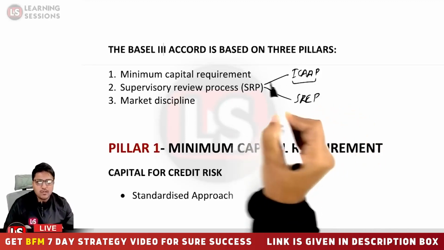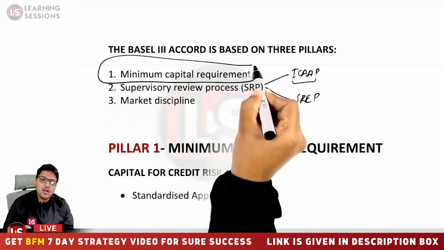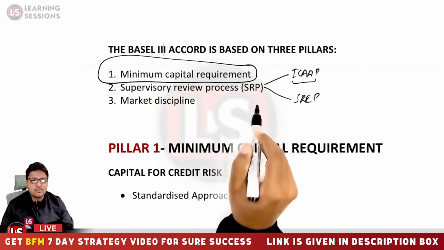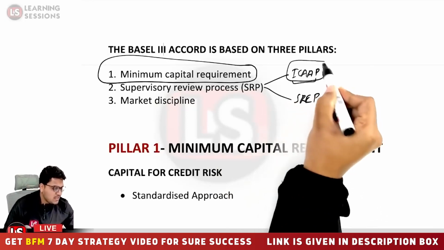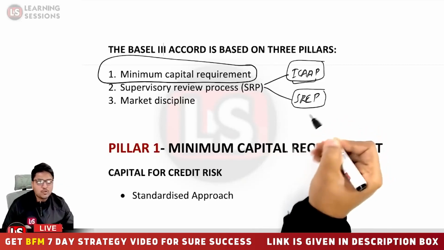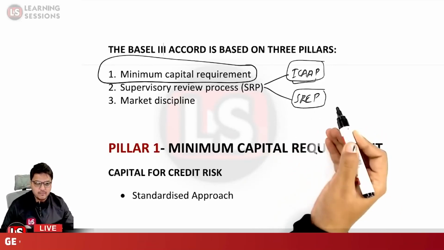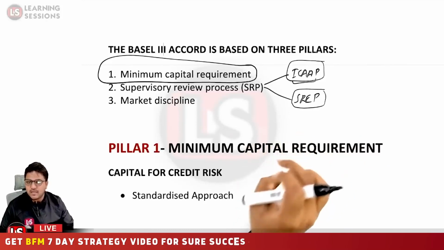ICAAP is related to whatever risks are not covered under pillar 1; those must all be ascertained and capital must be maintained against them also. That is a bank's internal process. But SREP is related to the regulator supervising whether the instructions are being followed by the banks or not.